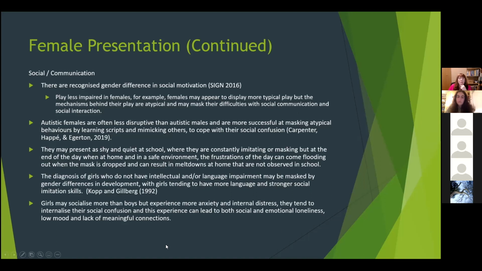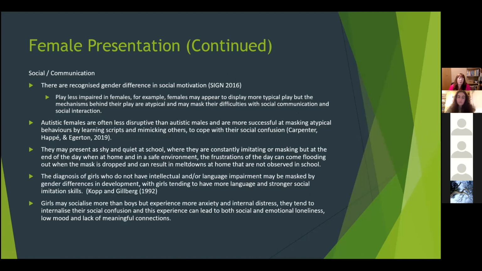Okay, so in female presentation, in terms of social communication, masking comes up a lot. Being able to watch others, to imitate and mask.